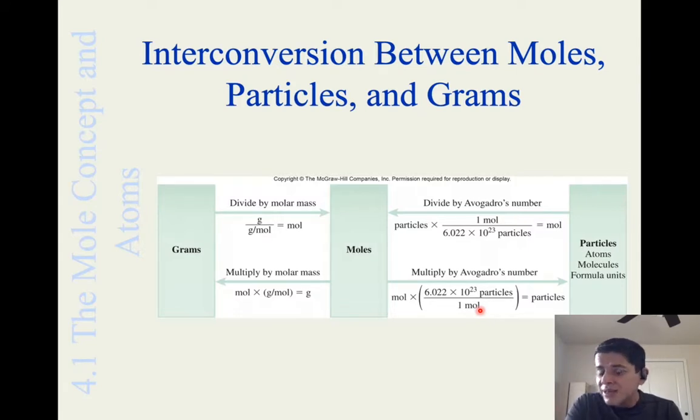The best way to become familiar with it is not trying to do a photo memory of this thing, but doing problems. Every time you do the problems, you're going to figure out that these things just come from arranging your units. That's all that matters. So that method that I taught you in the first chapter called dimensional analysis is huge in here. And it will help you to do every single setup for these conversions, okay?